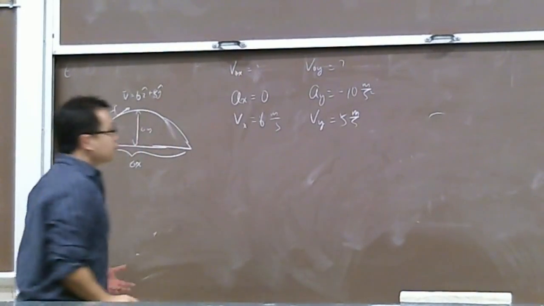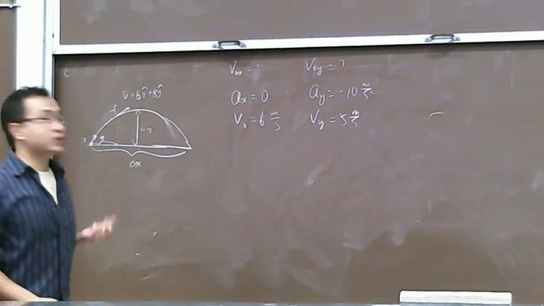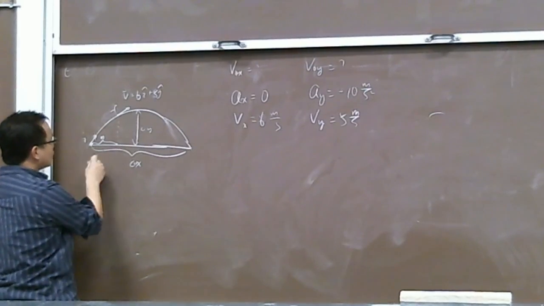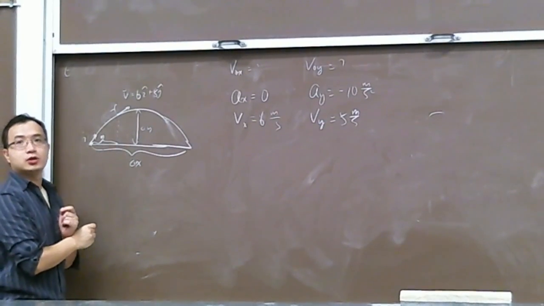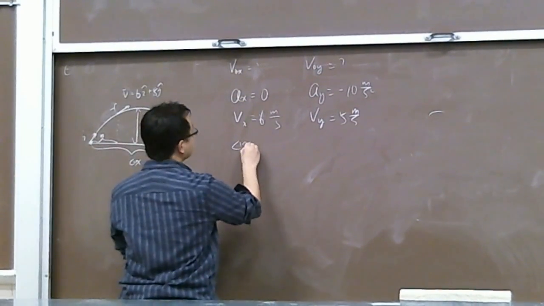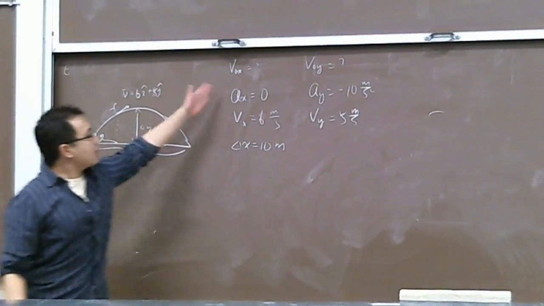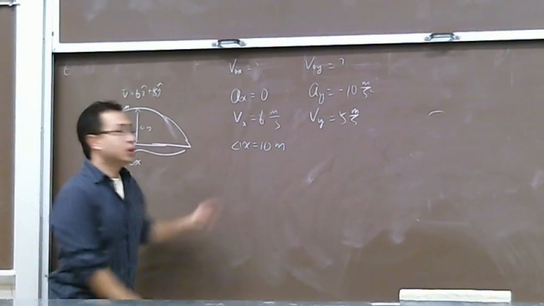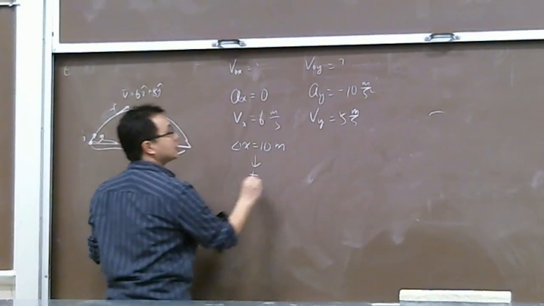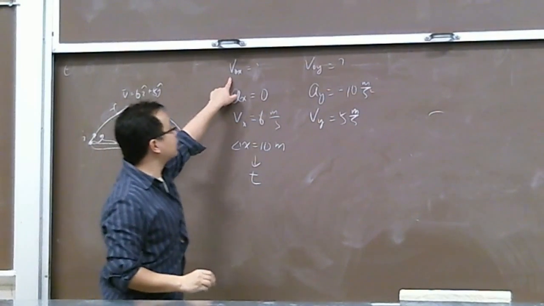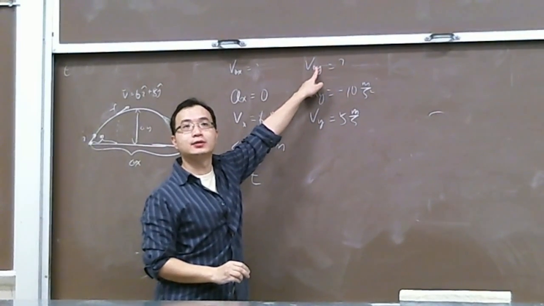Here we need one more quantity, and it is given: from here to here, the horizontal distance is 10 meters, so delta x equals 10 meters. From this, you can find time t, and from this t, you can find v naught x and v naught y.